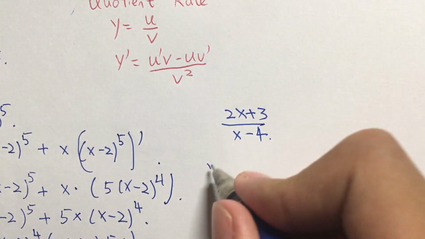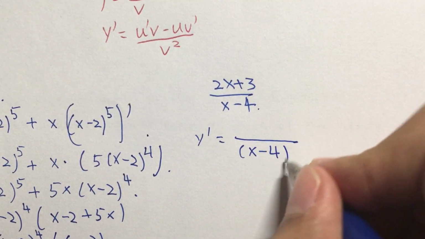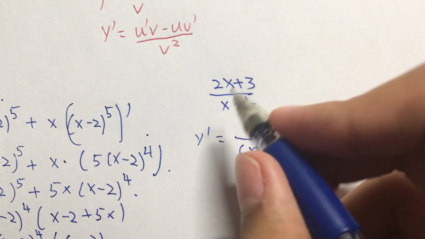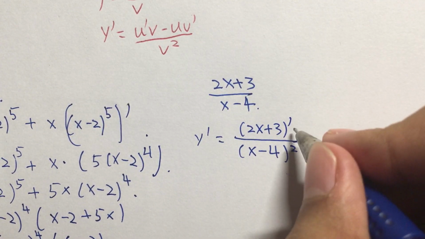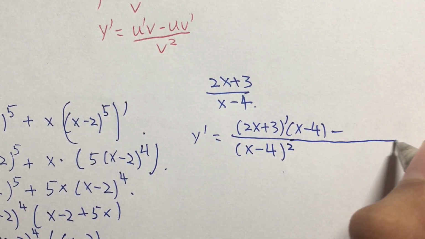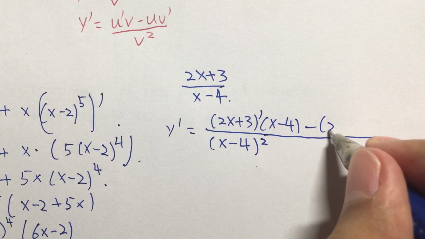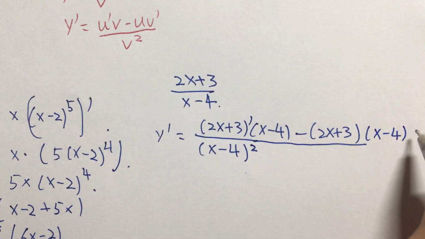So now y dash equals ((x minus 4) times (2x plus 3) dash, minus (2x plus 3) times (x minus 4) dash) over (x minus 4) squared.